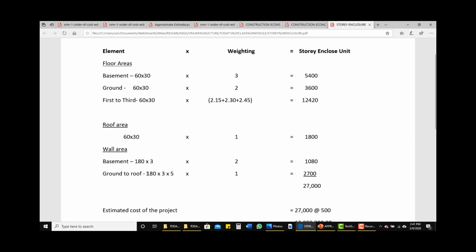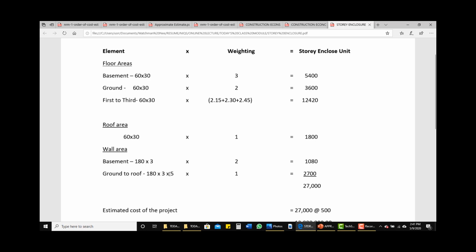Then for the wall area of the ground floor to roof level, we have 180 also, which is the total length of the wall, multiplied by the height per floor, which is 3 meter.